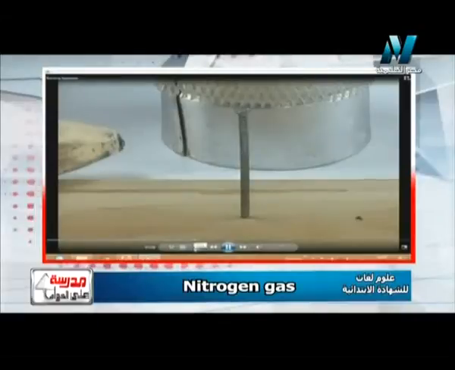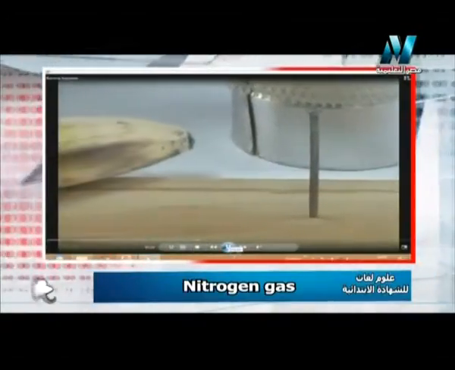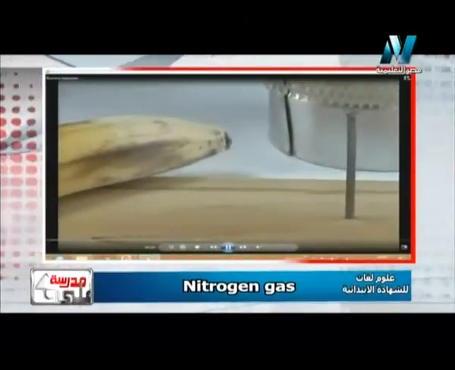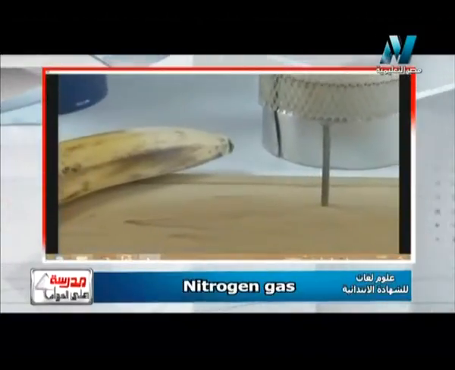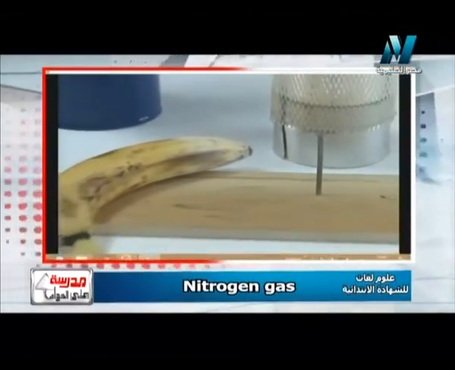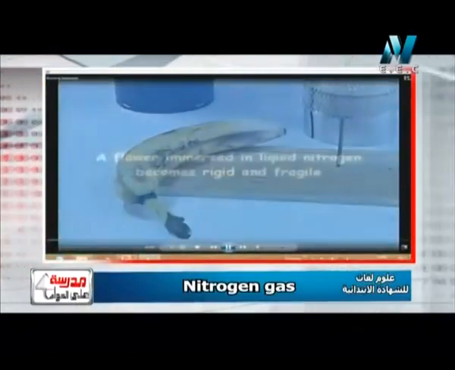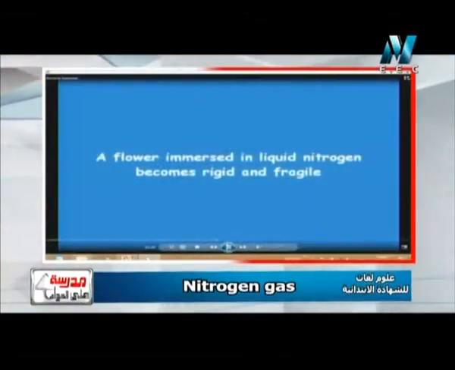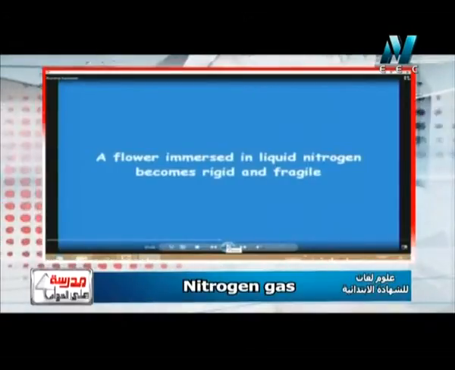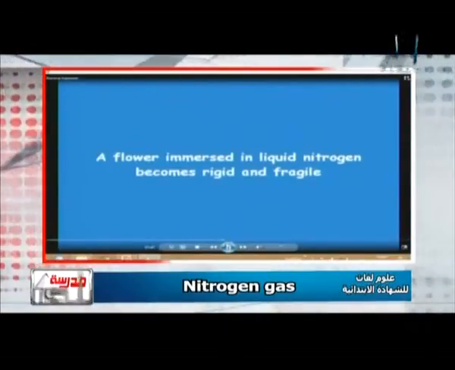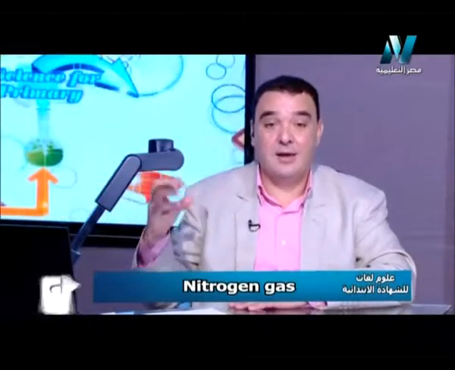Look here, the liquefied nitrogen changes the banana into what? We could call it a stone now. A stone is a better word. Need a hammer, get a banana. This is the title of our video. So now we have discussed the effect of liquefied nitrogen, which changes the banana into a very hard hammer, or like a stone, as you said, Mr. Yasser.